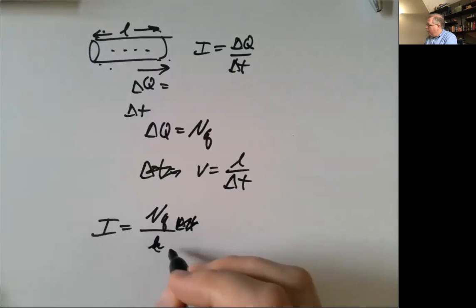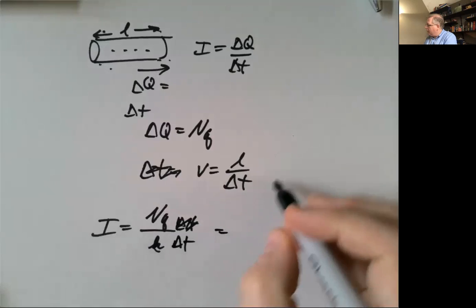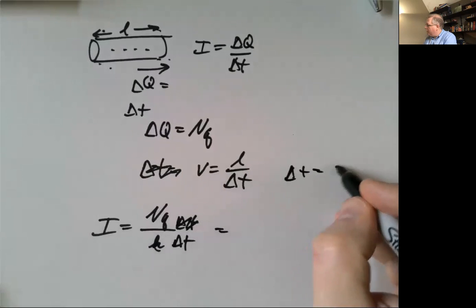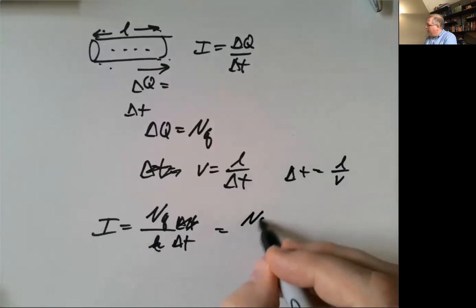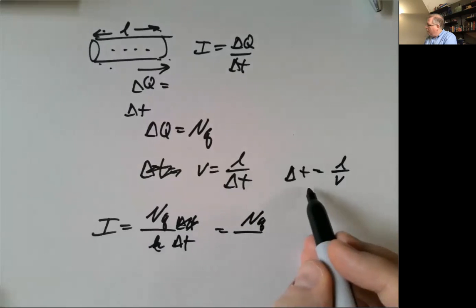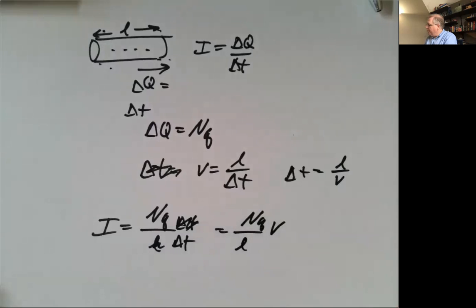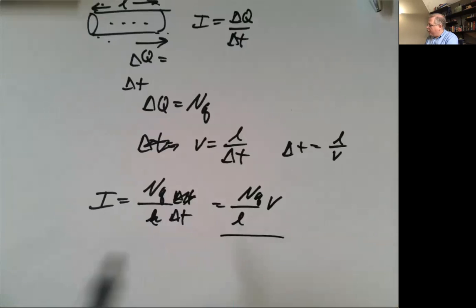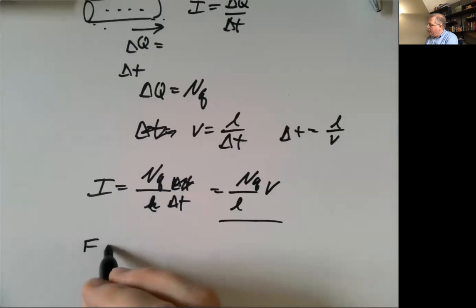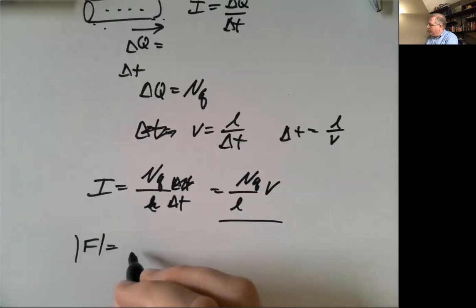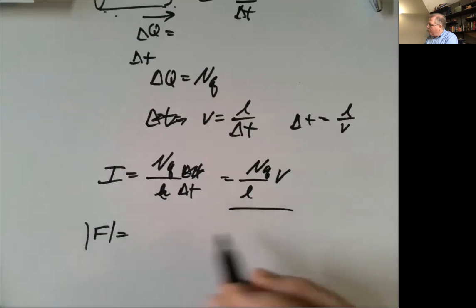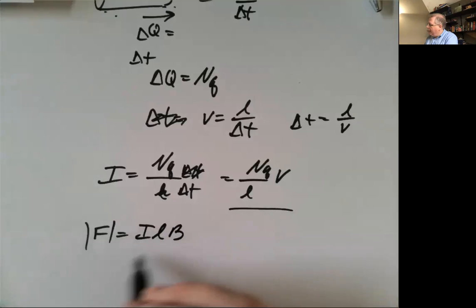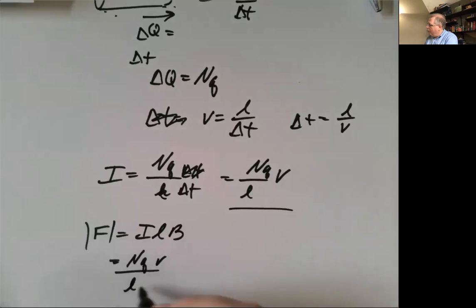N little q over delta T. So then delta T is equal to L over V. So this is going to be N q over L times V. So now I have a new expression for the current. Now if I put this in, and I'll just use the absolute values here just to make things easier, I have the current, so it's I L B, and the current is N q V over L times B.